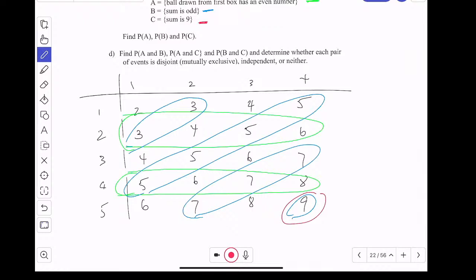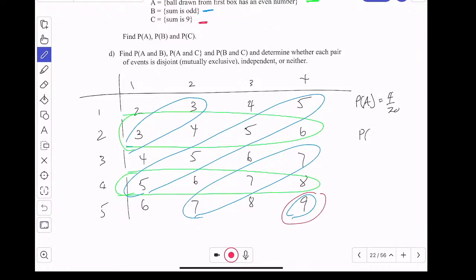So what's the chance of the green outcomes? 4 out of 20. So the probability of A is 4 out of 20. I'll just leave it like that for now.